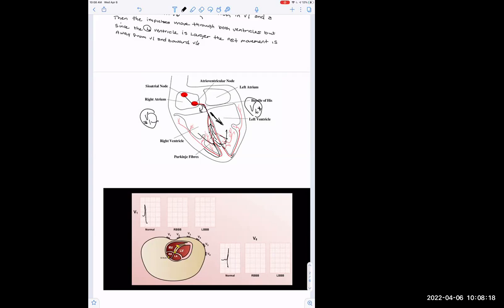Now let's go a little further and talk about bundle branch blocks. We're going to start off with a right bundle branch block. Now, there are a lot of criteria, guys, on what leads to look at, and this has to be present in this lead, and this has to be present in that lead for you to call it a right bundle branch block or a left bundle branch block. I'm just going to give you a prima facie presentation of this information because I don't want to bombard you and overwhelm you.